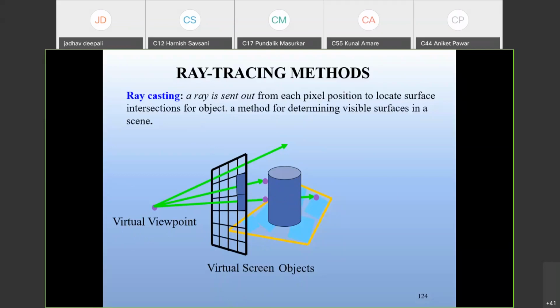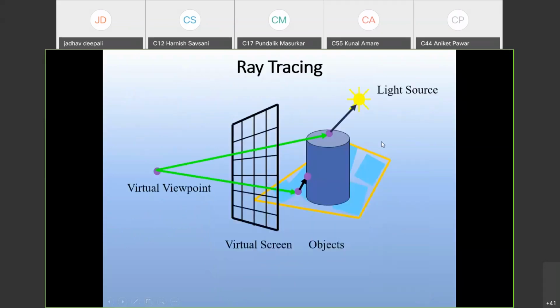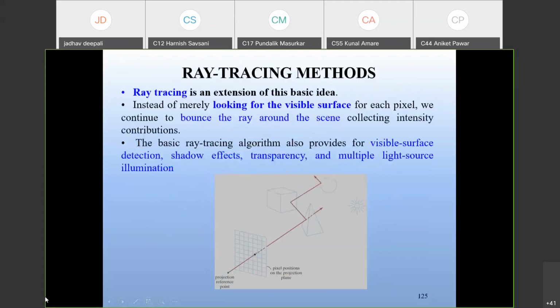Now see in detail. Ray tracing is an extension of this idea, where a ray is sent from every pixel. That is shown here also. The projection reference point: this pixel sends a ray. It goes to this particular surface and reflects. We know the light source is here and the light comes from here.